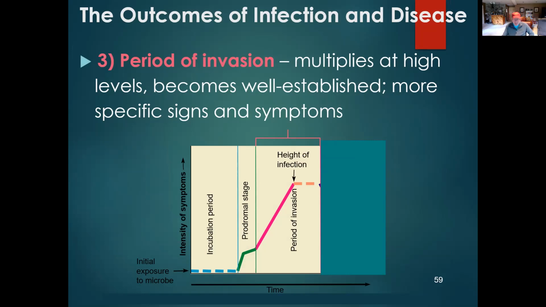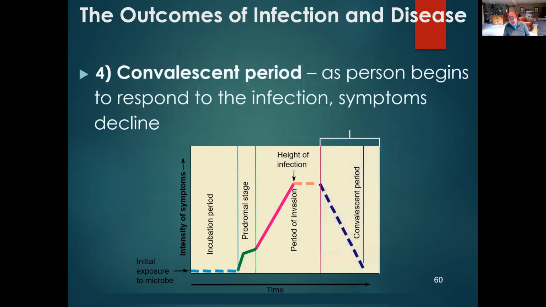But at some point in time, we hope our immune system is able to take charge and knock that pathogen out, and we begin to feel better. The convalescent period, right? So these are just general stages of a typical clinical infection, but certainly worth looking at.